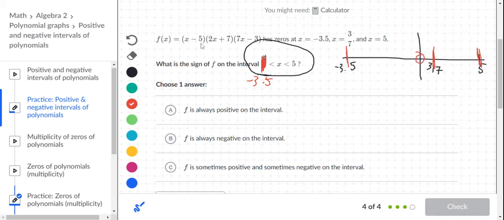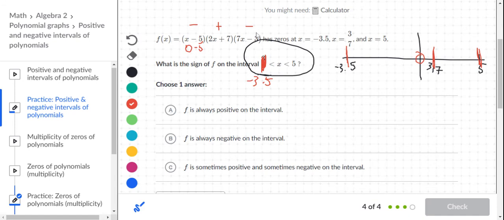Let's plug in 0 real quick. 0 minus 5 is negative. 0 times 2 plus 7 is positive. 0 times 7 minus 3 is negative. What would be the result there? That'd be a positive.